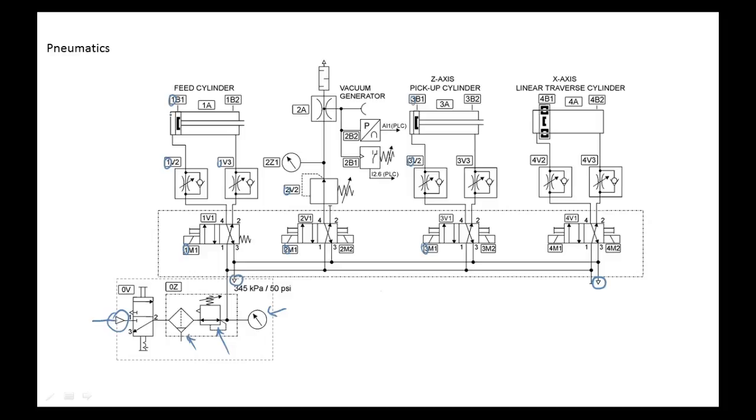We have different ways we can reference the pressure too. We have gauge pressure. We have atmospheric pressure. So when you get pressure, you're going to have to reference it to something. Does that make sense? So what is zero? We have different ways that we can refer to it. We have what they call absolute zero, where you actually create a vacuum and reference it to that, which will give you a perfect pressure.